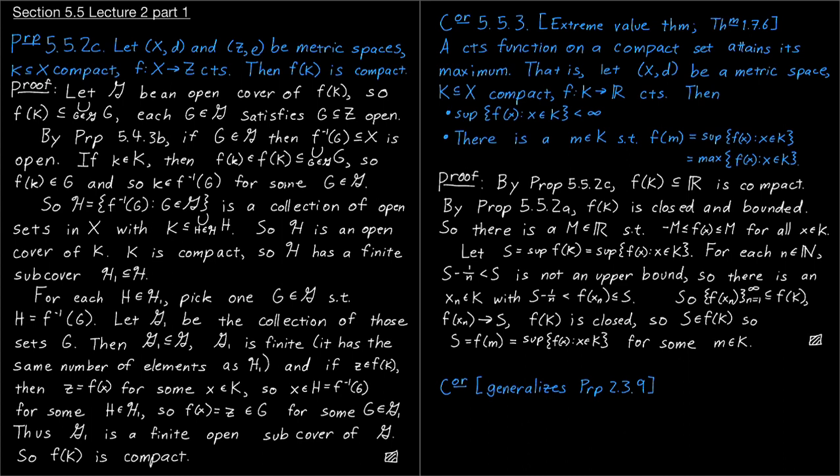You are going to prove on your homework or the exam: let (X,d) be a compact metric space. So the compact subset K, we're going to take as the entire set.